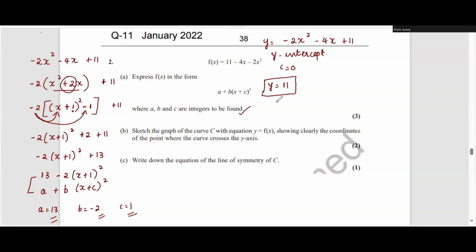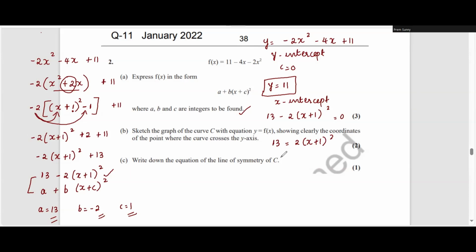Now, to get the x-intercept, we need to equate this to 0. It's better to find it using the completing the square method, which we already have here. 13 minus 2 into (x plus 1) the whole squared is equal to 0. So we take it to the other side: 13 equals 2 into (x plus 1) the whole squared.